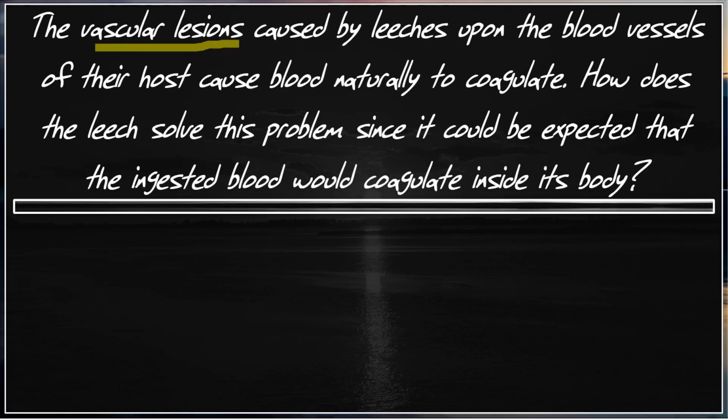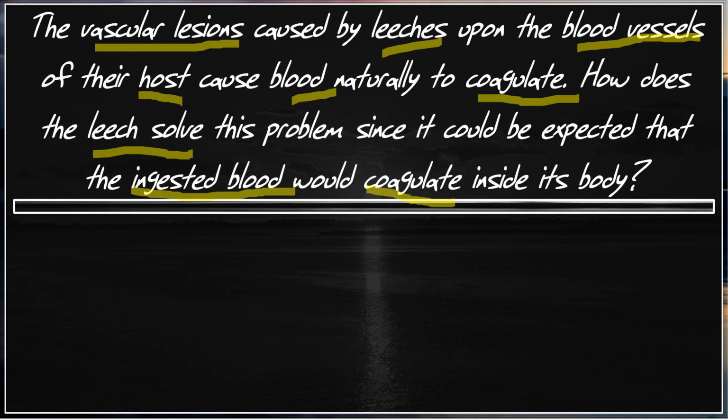The lesions caused by leeches upon the blood vessels of their host cause blood naturally to coagulate. How does the leech solve this problem, since it could be expected that ingested blood would coagulate inside its body?